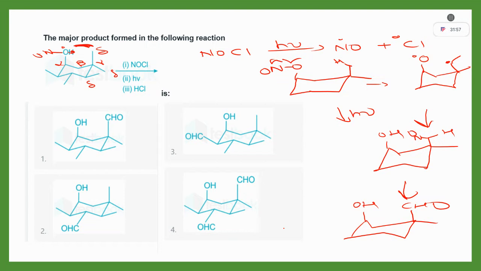It will form this. So the correct answer to this question is option A. Why A only? Not the second, or I think not the fourth, because that is not an accessible hydrogen, right? So these options are wrong. These are the types of problems you can face in your Barton reaction.